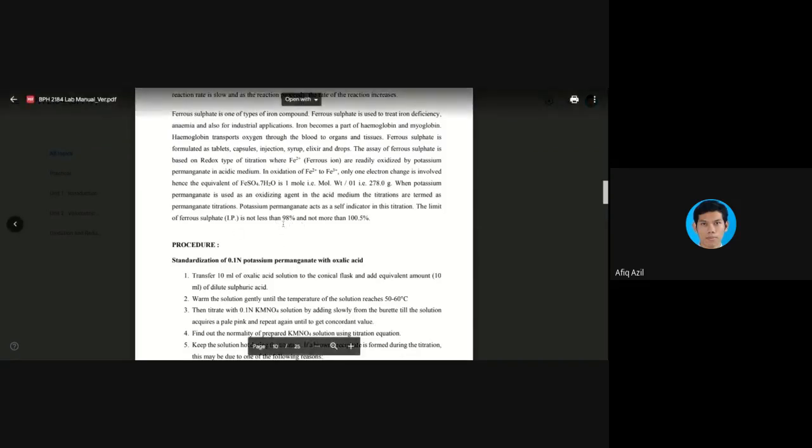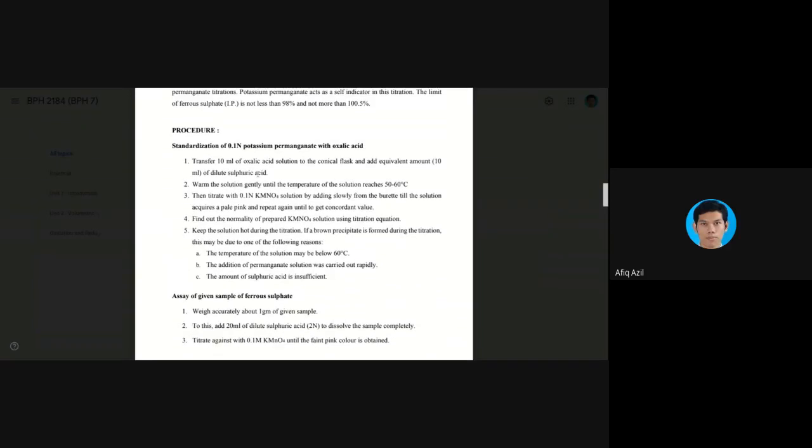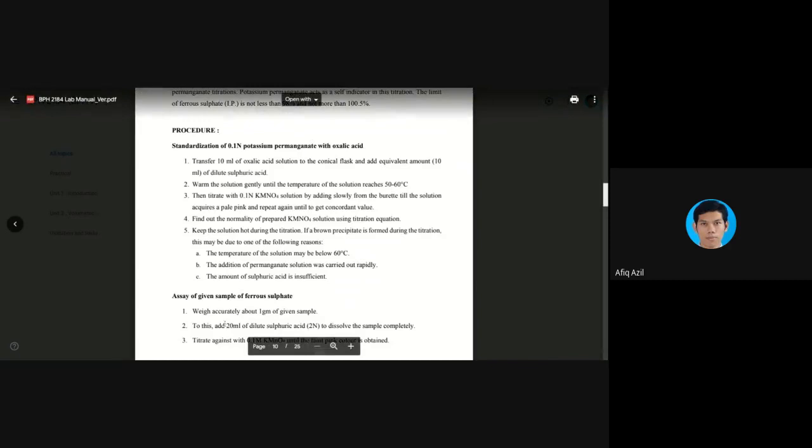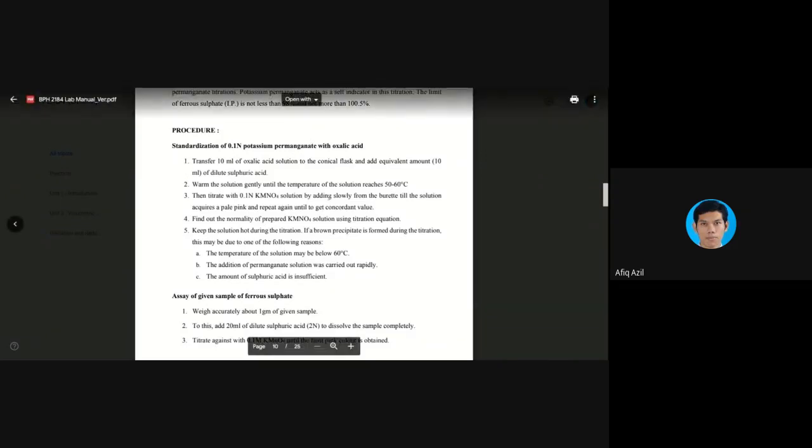Okay, so the procedures are divided into two steps. The first one is the standardization of the potassium permanganate itself. Then only you can proceed with the assay. The standardization is done against oxalic acid. So here are all of the procedures to prepare.